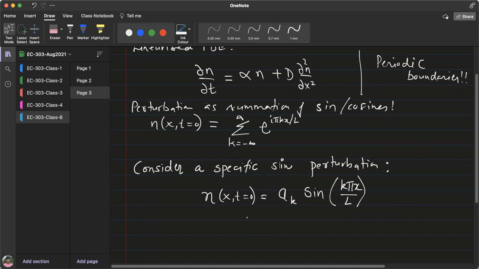Let's compute the left hand side first. What is dn by dt, the time derivative of this?